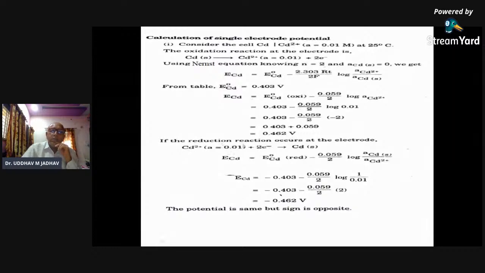Now if the reduction process is taking place, then what will happen? The same way the calculation will be there. In the reduction process, Cd2+ takes 2 electrons and gives Cd solid. Here the reaction is given.